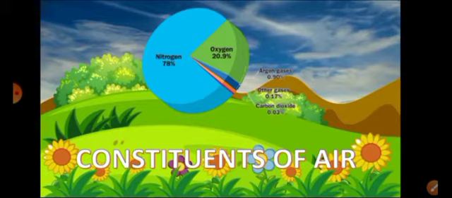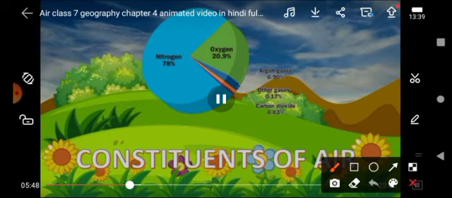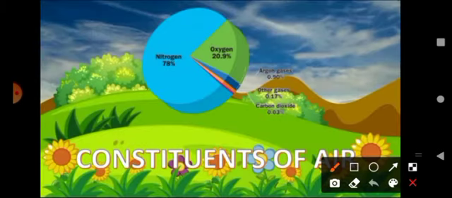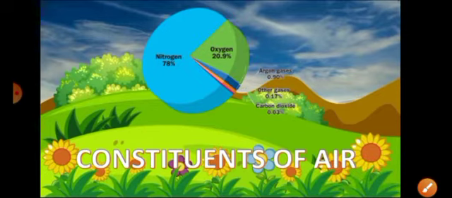Oxygen is the second most plentiful gas in the air. Humans and animals take oxygen from the air as they breathe.